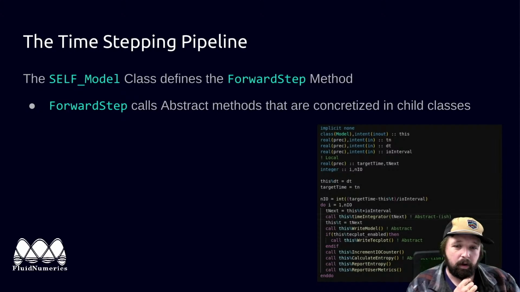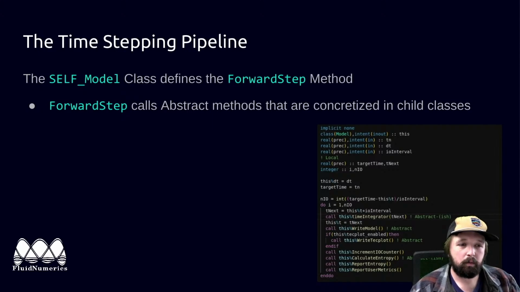The main workhorse method that really drives a model forward in time when you're running your simulation is this forward step method. In every single one of our test programs that's testing one of the models, you'll probably see a call to forward step.